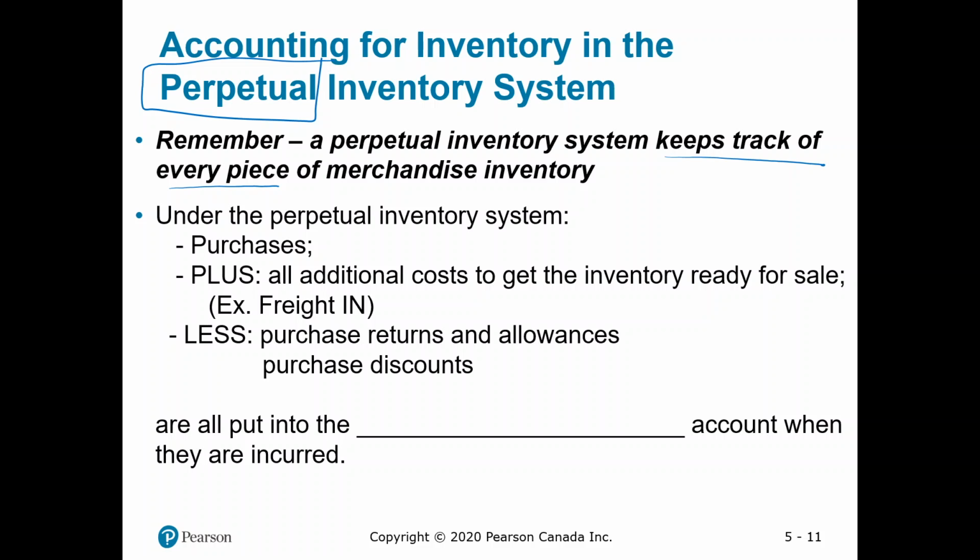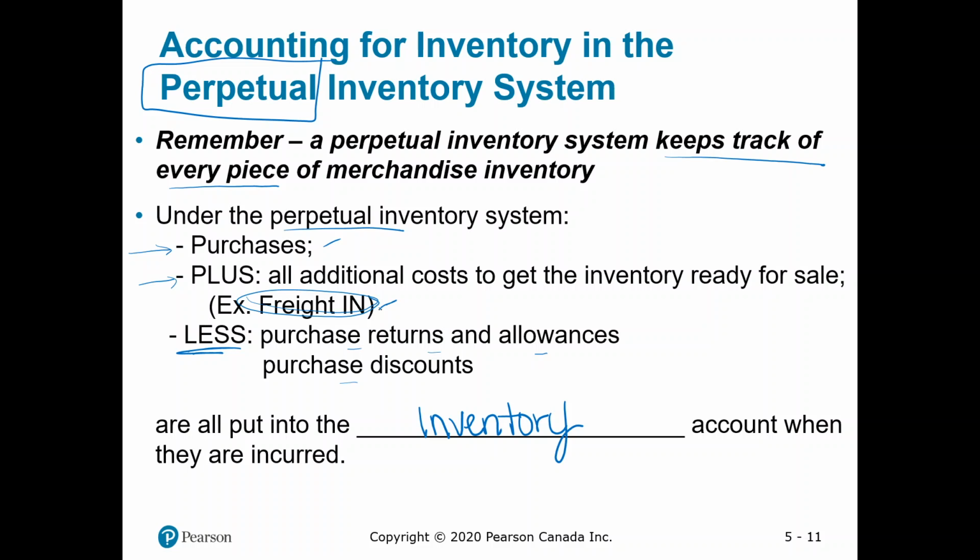So in order to make this happen, in the perpetual inventory system, all of the purchases plus any additional cost to get that inventory ready for sale, and the main one that we'll talk about is freight in. So purchases plus these additional costs, less any purchase returns or allowances or purchase discounts. These are all recorded through the inventory account when they are incurred. So we're going to look at examples of when we purchase this.